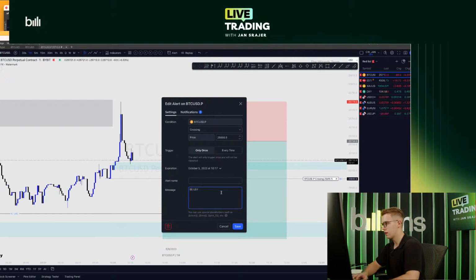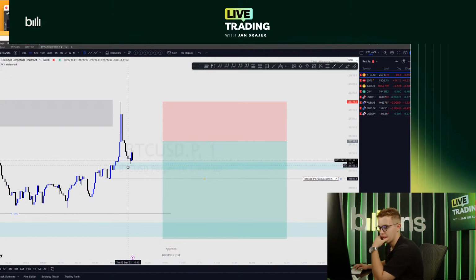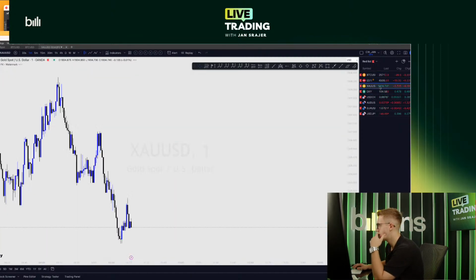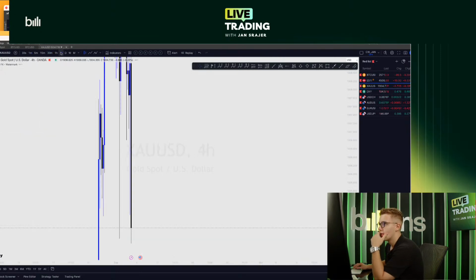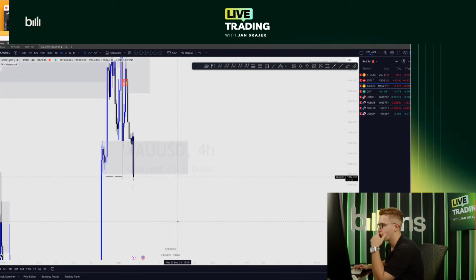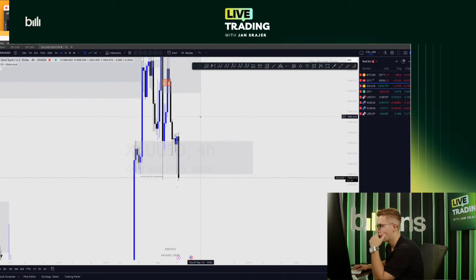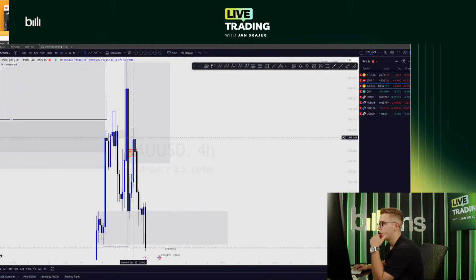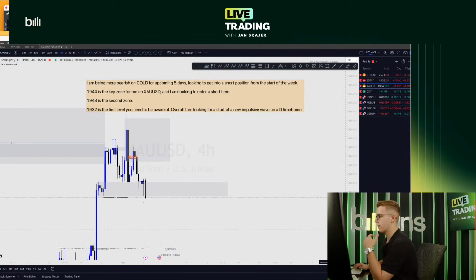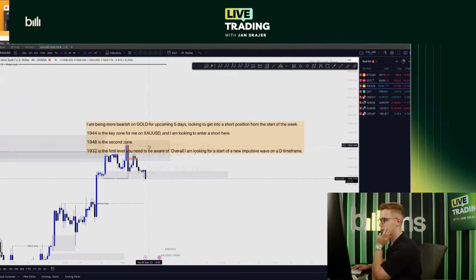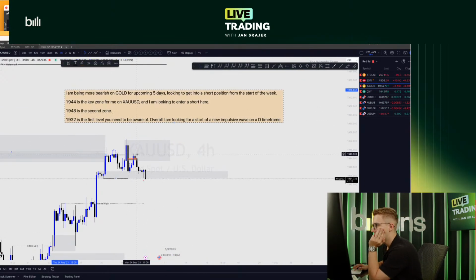Break level hit, and we can start covering the other charts, which is a gold chart here. 4 hour. There is one level that I'm specifically looking for on gold. As you know, I was looking for a move down out of this 4-hour supply, which we got pretty perfectly.